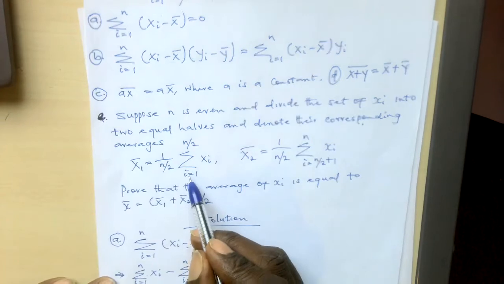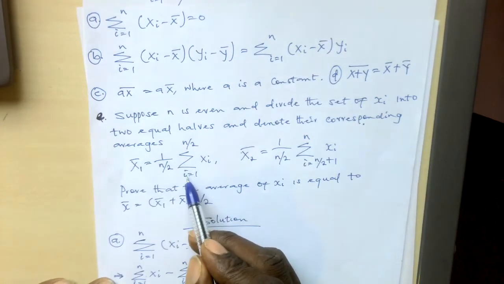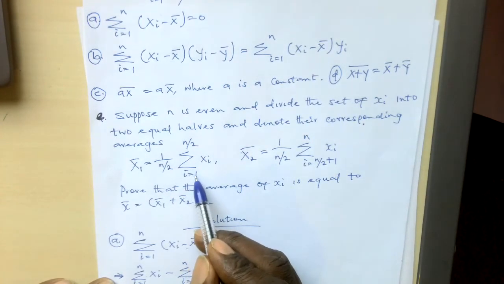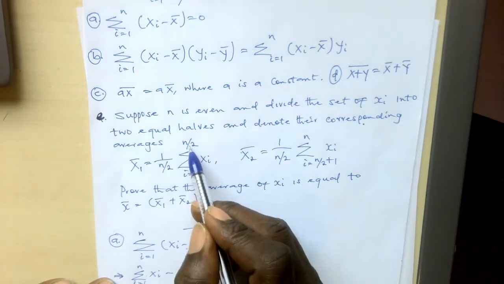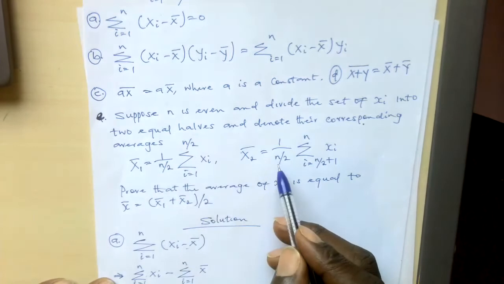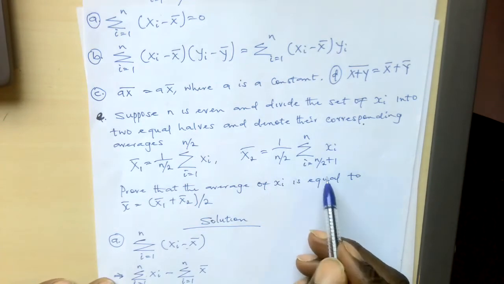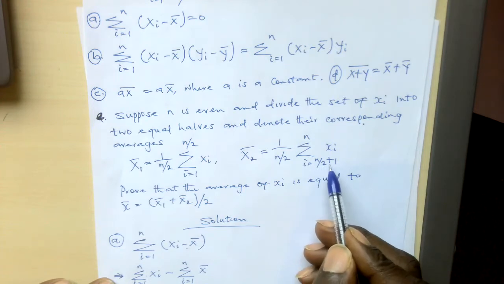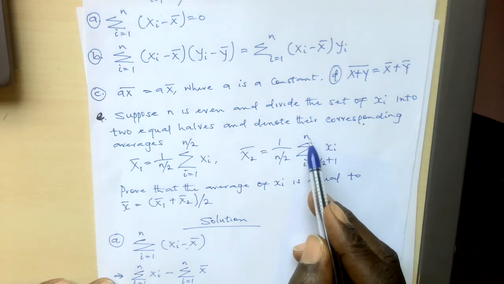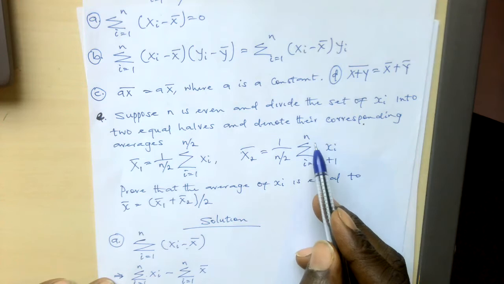So here, the first sample means it's summing from the first number to n over 2, that is to the half. Then this continues from that half. You start from n over 2 plus 1, up to the last number in the sample, right?